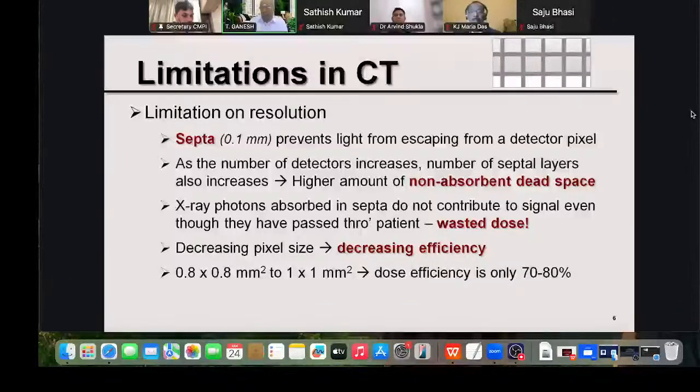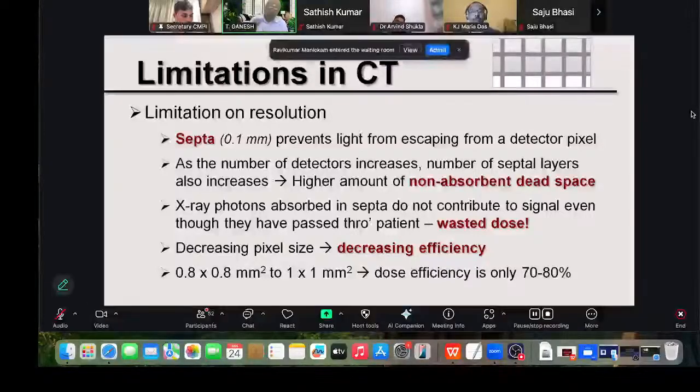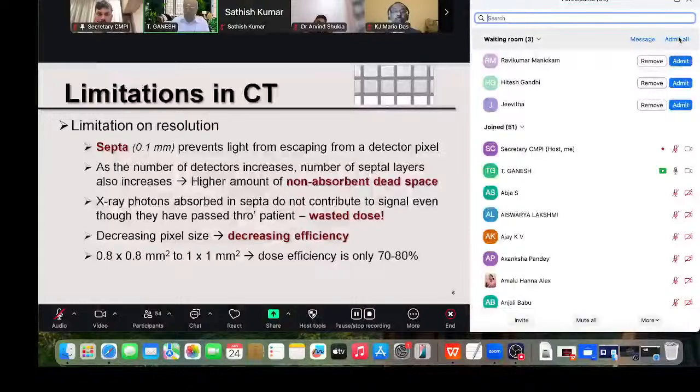That is because if a photon falls on the septa, it is going to be absorbed in that septa, but not going to produce any signal. So it is going to result in wastage of radiation, wastage of the dose. So decreasing pixel size means decreasing efficiency.